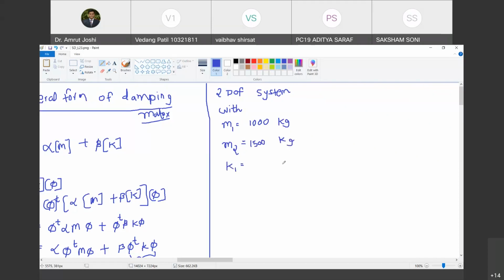K1 is equal to 10,000 Newton per meter and K2 is equal to 8,000 Newton per meter. Are you with me? Yes.